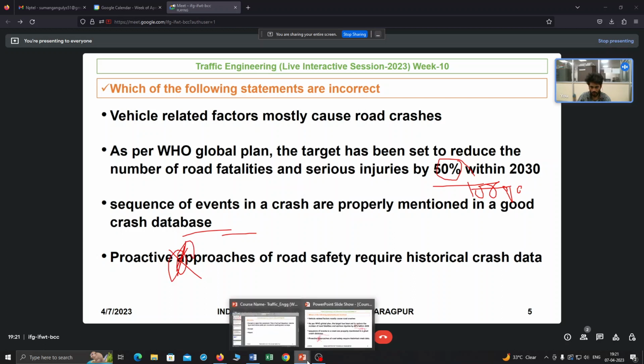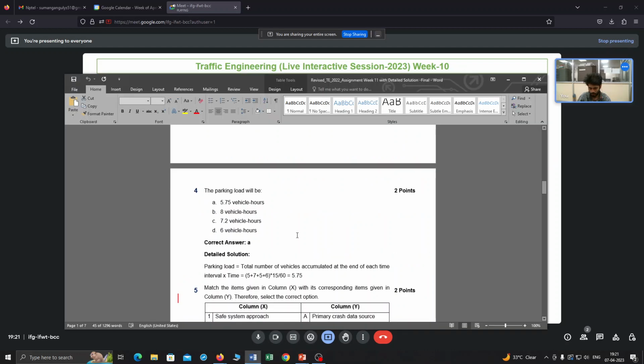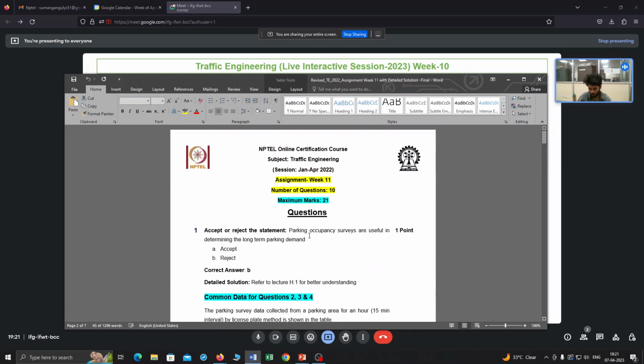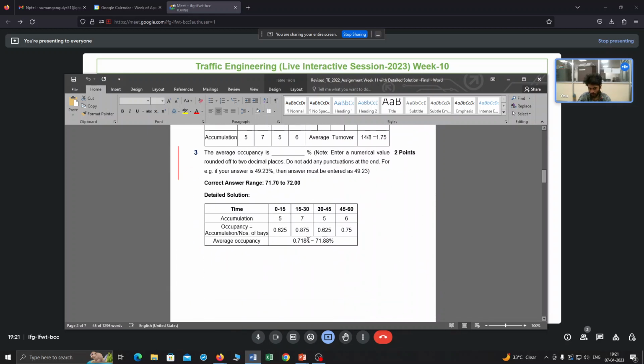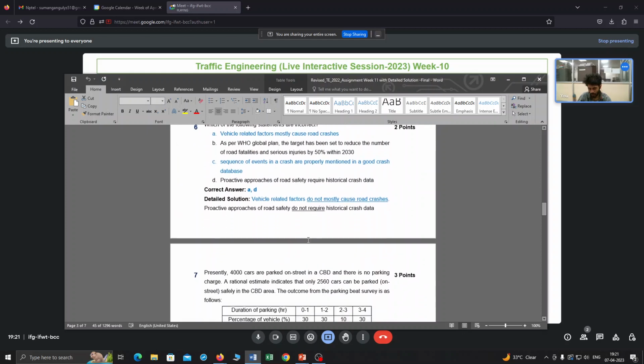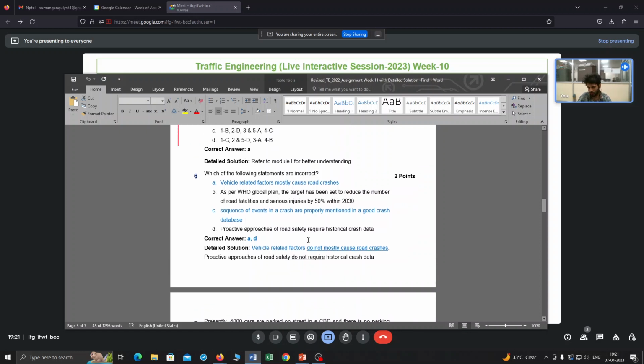You cannot say it is not required at all times. It's a tricky question because generally we do not need crash data, but sometimes it is needed for validation purposes only, not for other reasons.